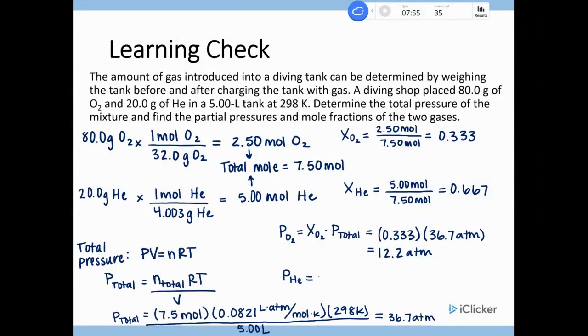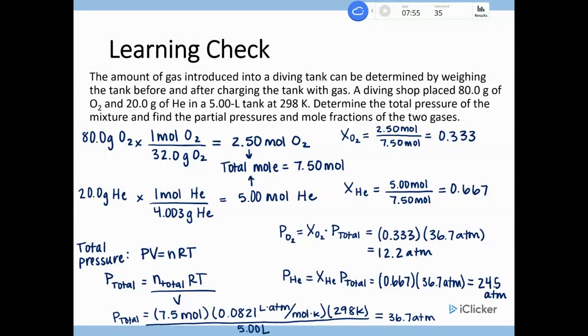Partial pressure of helium, again, is mole fraction of helium times total pressure. And that is 24.5 ATM. I'll give you all a second to write. I see a lot of you are still writing. Are there questions about this problem?